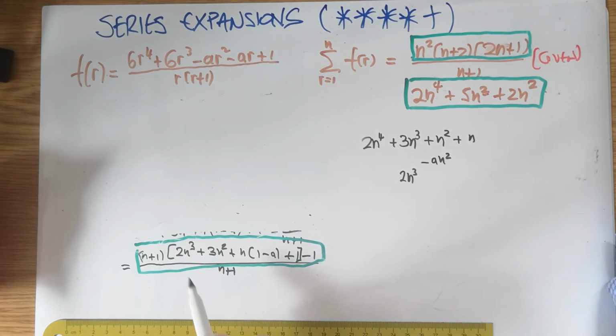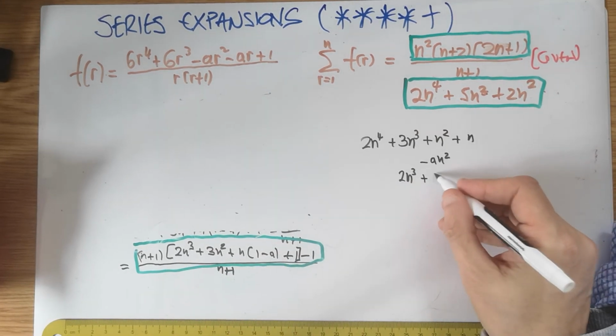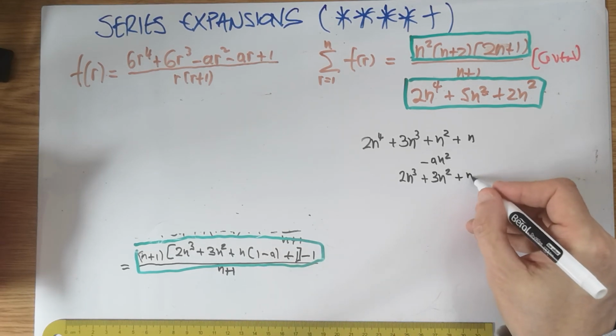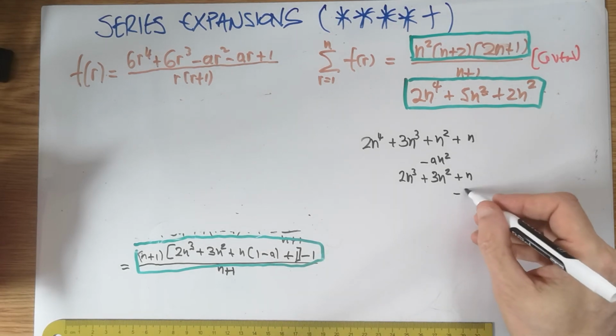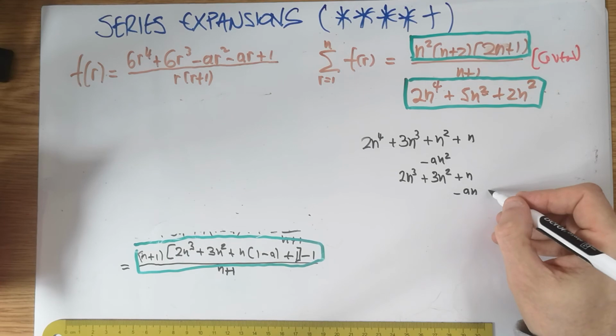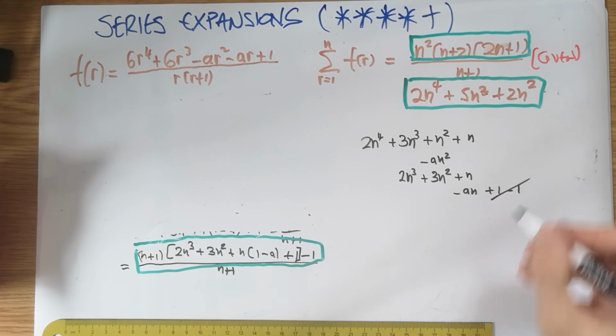There's the 2n to the 4. So we got 3n squared plus 3n squared. Then I have 1 times that, which I will expand. So it's going to be an n plus n minus an. That's from that bit there. Plus a 1. And of course, I have a minus 1. I could put it here, but I want to put it there and cross it out.